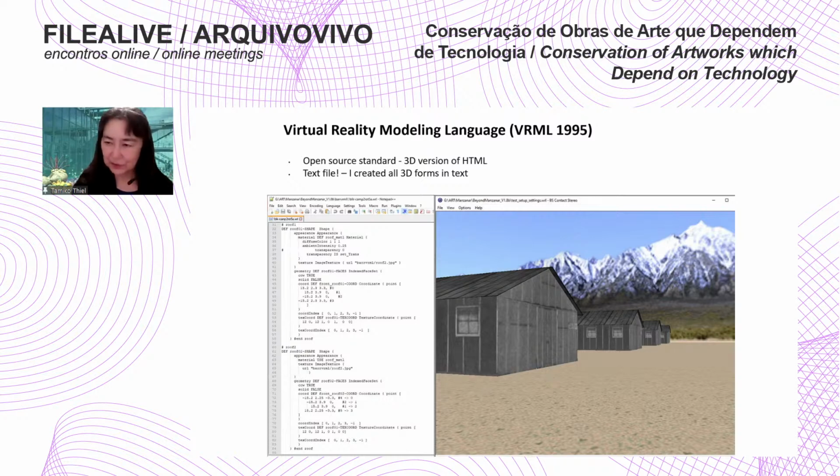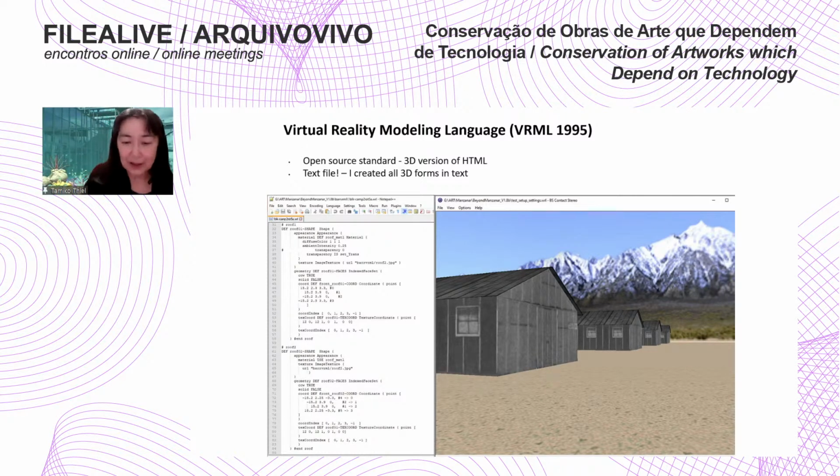I did not use a 3D modeling program. I literally typed everything into a text file and said, okay, this wall has this vertex and that vertex and this vertex and that vertex. So you've got the images, JPEGs and PNGs, you've got some sound files, and then the actual program is the 3D content.